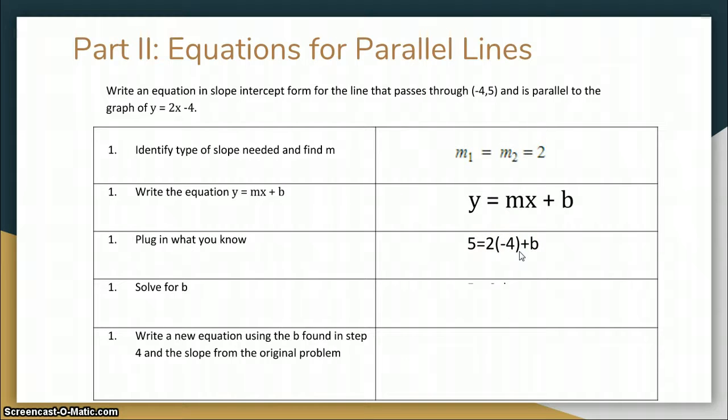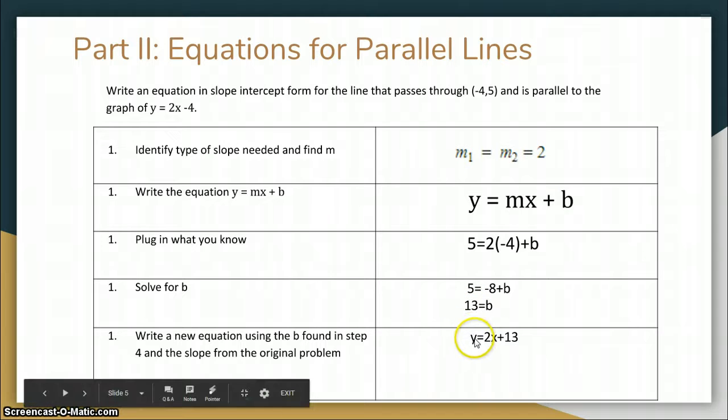And then, once we're there, everything's the same that we've been doing. We have to solve for b, so we multiply 2 times -4 to get -8, and add the 8 to both sides. b is 13. Now I know m, I know b, plug them in, and that's my equation: y equals 2x plus 13. And I've done what it asked me to, right?